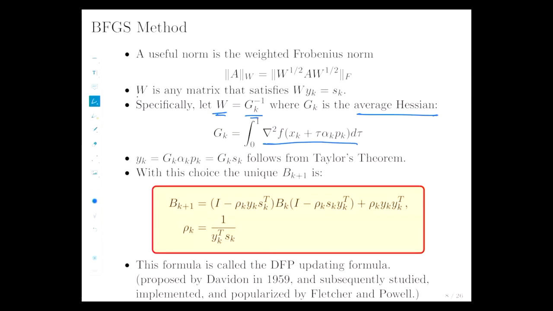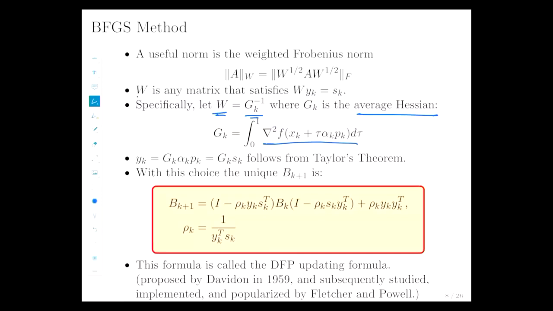Xk plus alpha k pk is the next step. If I take the average of the Hessian along the path, that's how I construct Gk. For tau equal to 0 is where we start, tau equal to 1 where we end. So along that path, if I take the average of the Hessian, that's how we define G.